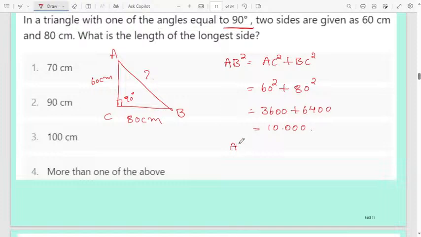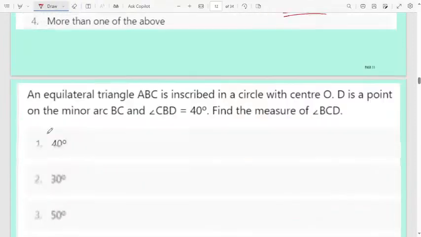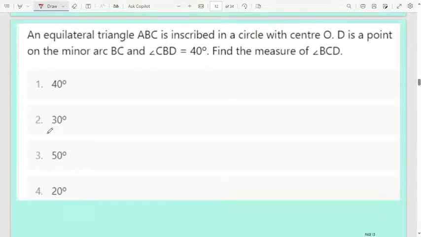Then the AB value is 100 centimeter. This is the longest side, so the length of the longest side is 100 centimeter. The correct answer for this question is 100 centimeter. Okay, 6 8 10 triplets. Let us move to the next question.